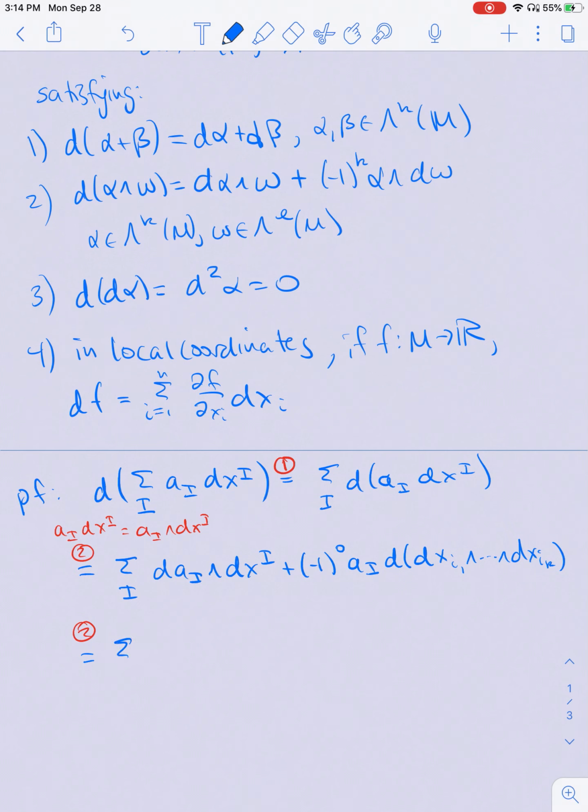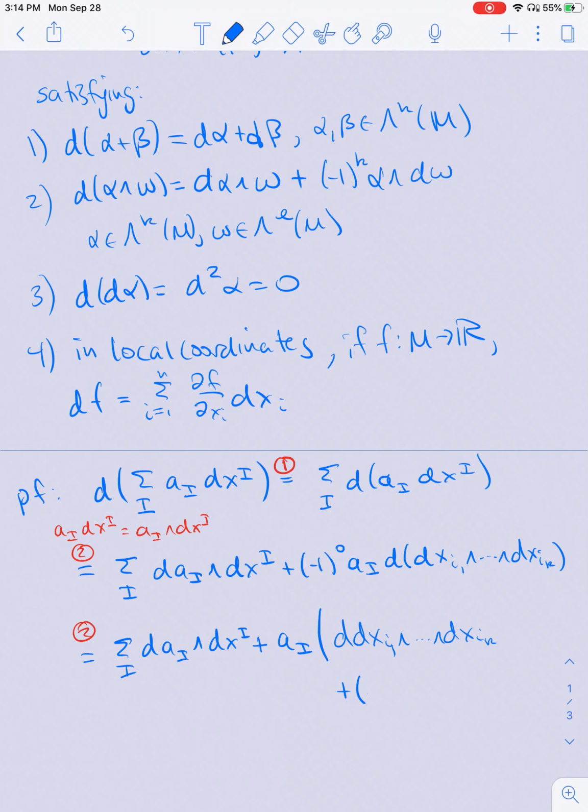I'll get the sum over I of d a_I wedge dx_I, since (-1)^0 is just 1, and then a_I times dx_i1 wedge all the way out to dx_ik plus, now there'll be some alternating signs.